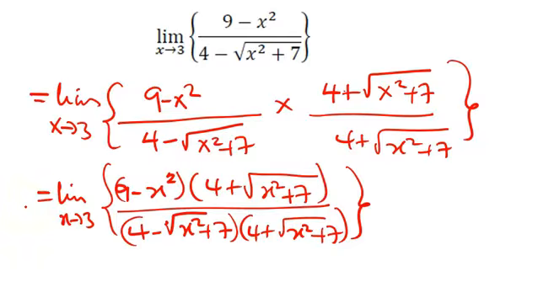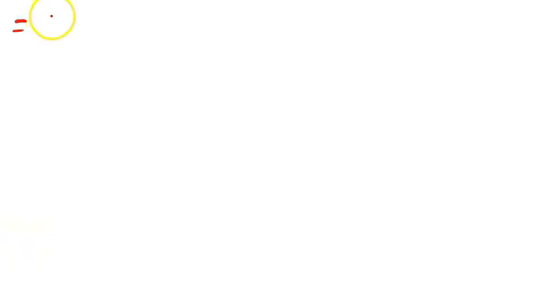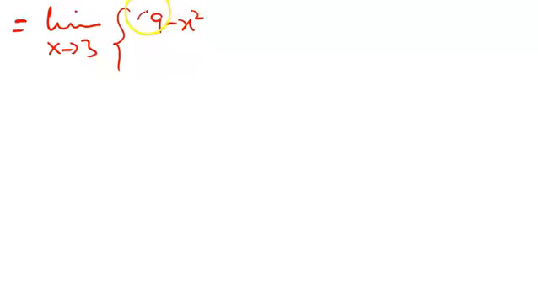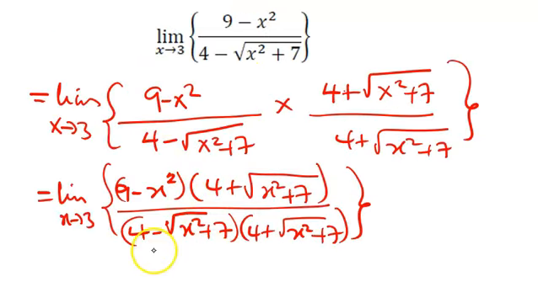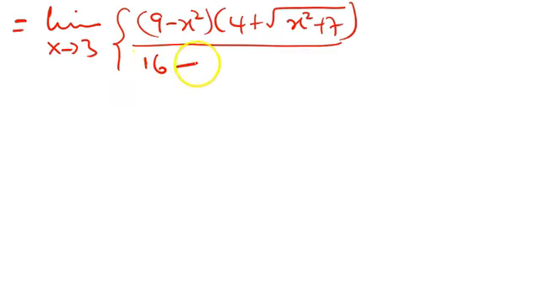When we simplify further, we have limit as x tends to 3 of 9 minus x squared times 4 plus the square root of x squared plus 7. Now at the denominator, we are going to have a difference of two squares. For the difference of two squares, you square this one minus that: 16 minus the square root of x squared plus 7, all squared.